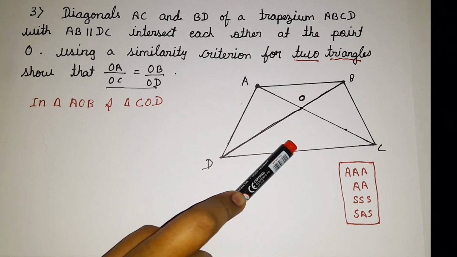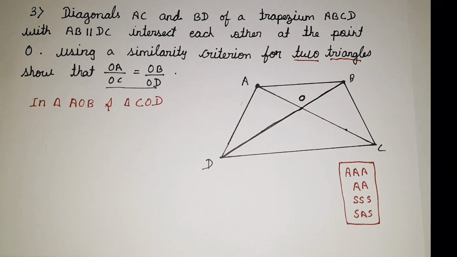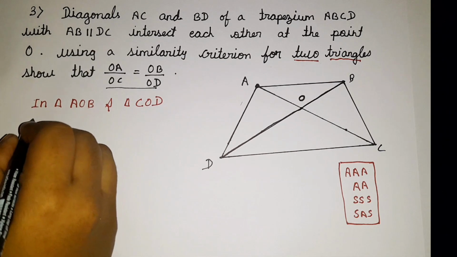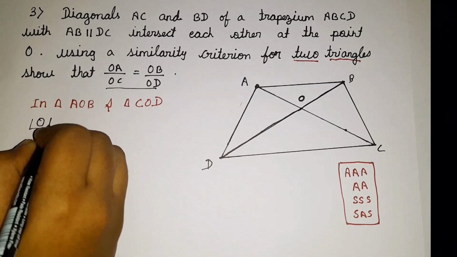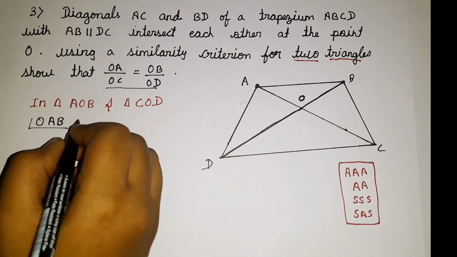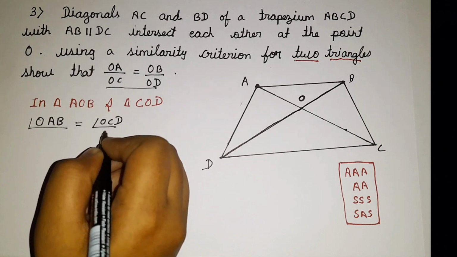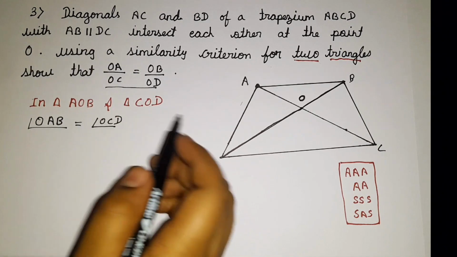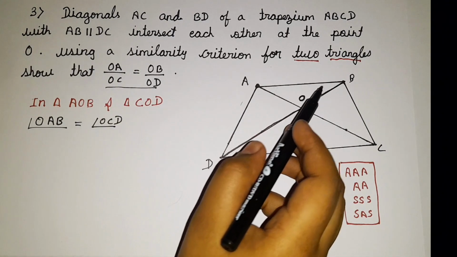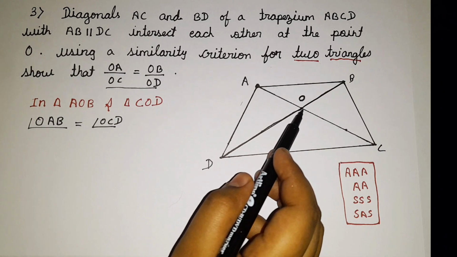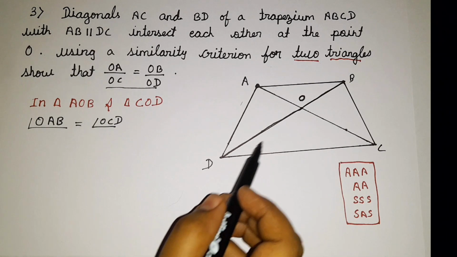Those things they didn't mention in the question, but we are supposed to take it. Okay. So now I am going to write angle OAB is equal to angle OCD. Why is it equal? Here I have angle OAB and here I have OCD.